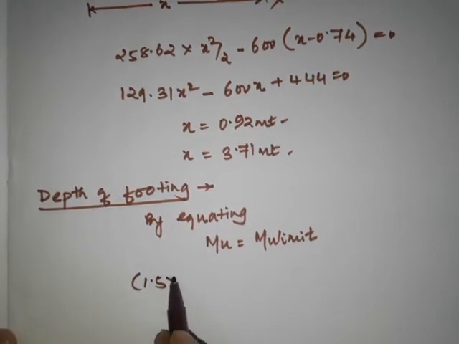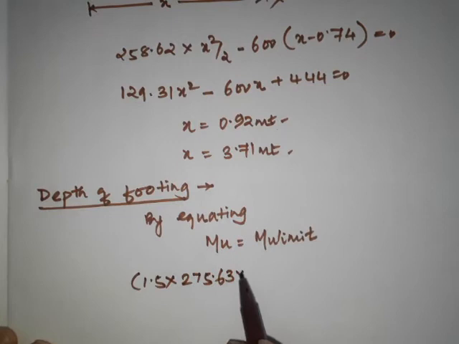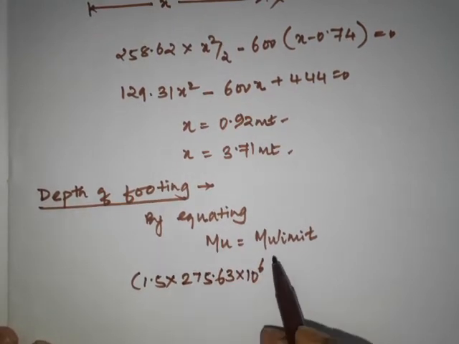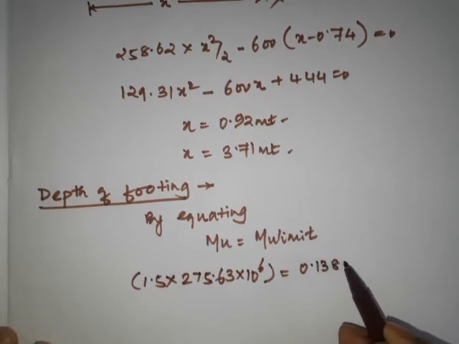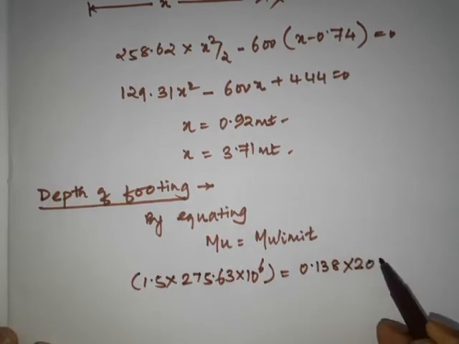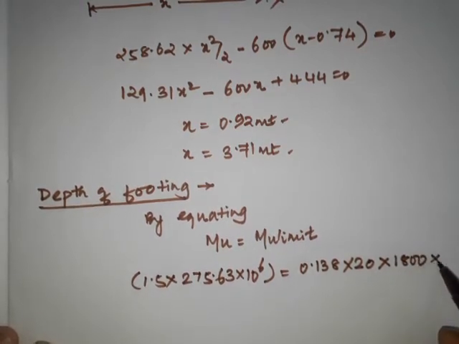So 1.5 into the maximum bending moment 275.63 into 10^6 is equal to Mu limit 0.138, fck is 20, b is 1800, into d square.